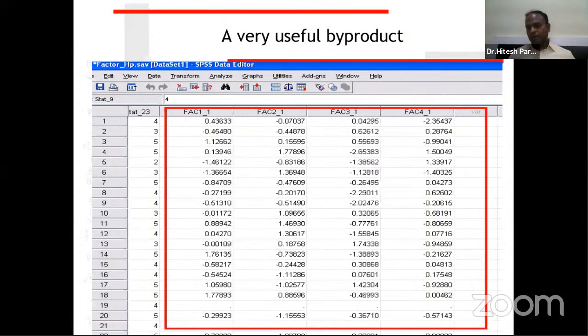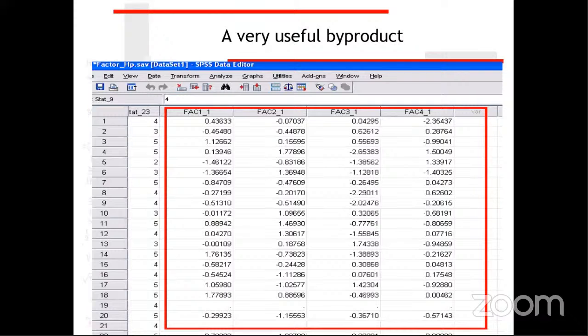So again you may run ANOVA, one-way analysis of variance, or you may run Kruskal-Wallis test, which is the non-parametric equivalent test of one-way analysis of variance. I hope up to this it is clear.